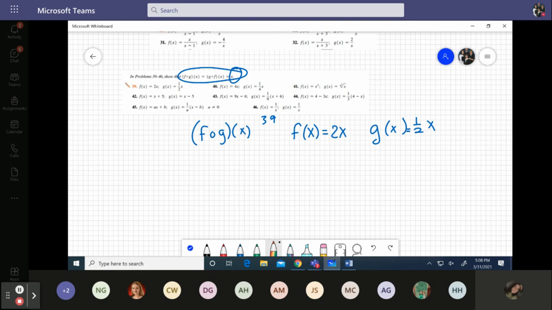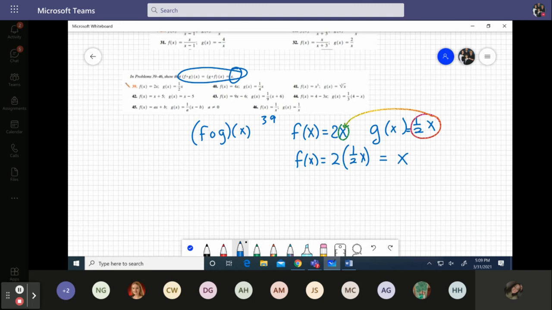Now f of g means that g has to go into f. So I have f of x: 2 times 1/2 x, and that simplifies to x.